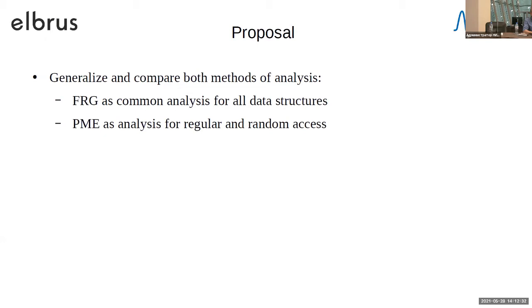For example, we can have access in a loop to a standard list, maybe double linked or single linked. And it is, in fact, a random access to the whole heap. So this case is not handled by PME right now.